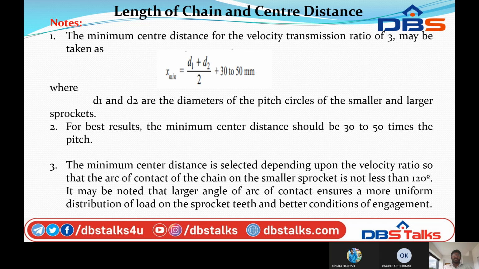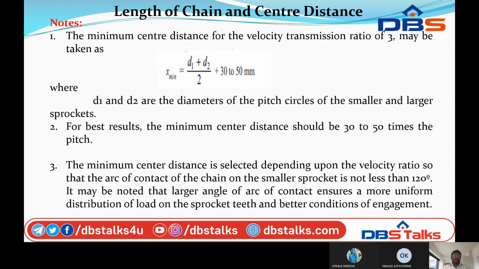For the best results, the minimum center distance should be 30 to 50 times the pitch. The minimum center distance is selected depending upon the velocity ratio, so that the arc of contact of the chain on the small sprocket is not less than 120 degrees.